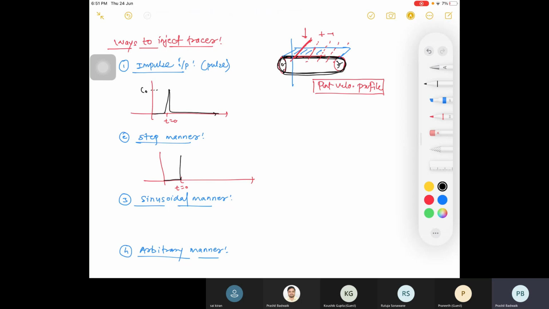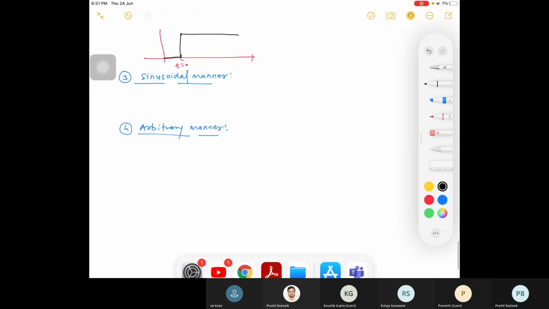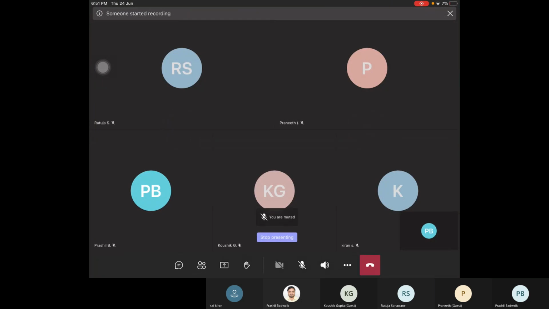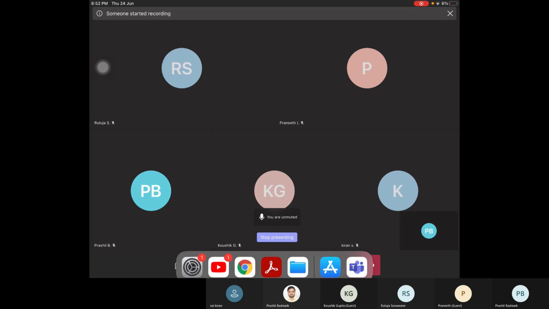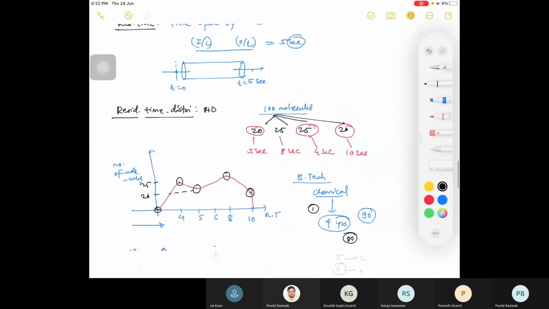Suppose 5 kg per second, and you maintained that flow rate of 5 kg continuously, so this will be your step manner.